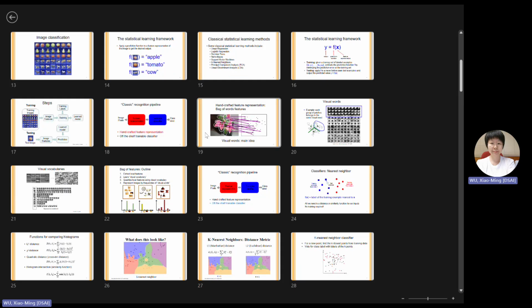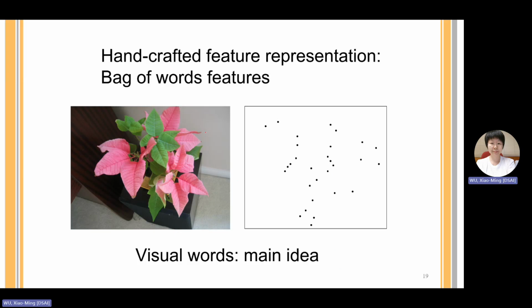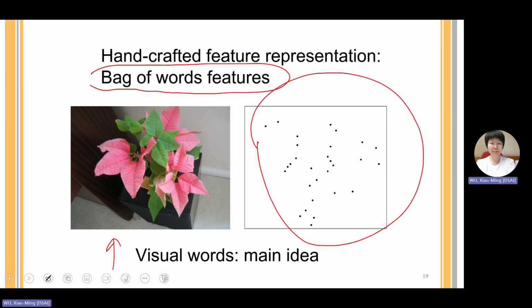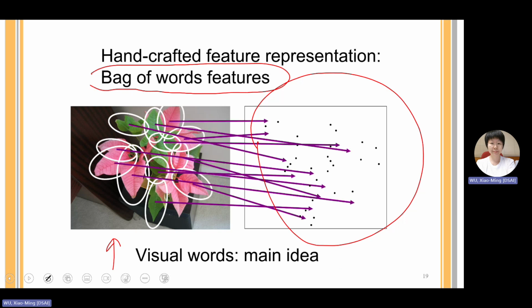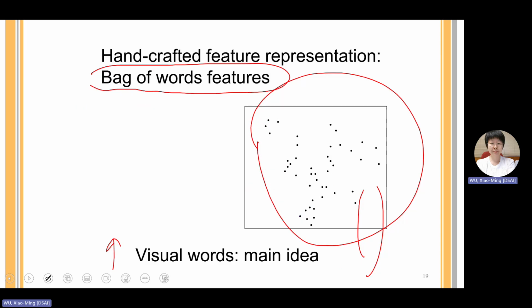Now let's spend a few minutes to talk about a typical feature representation method for the shallow pipeline. Given an input image, we extract a few key points from the image, and each key point is represented by a feature vector.